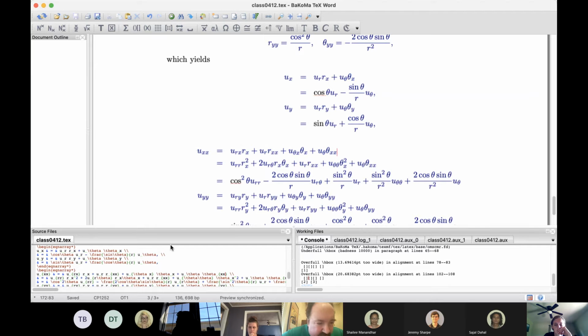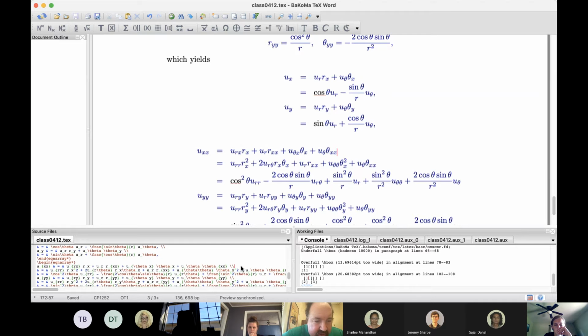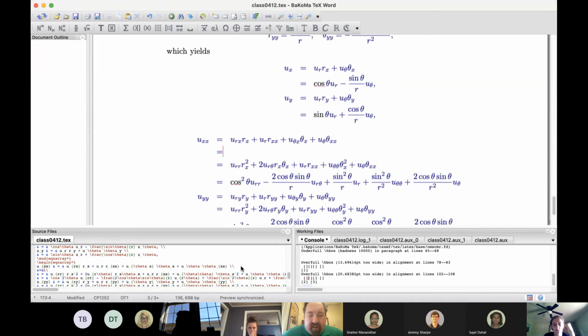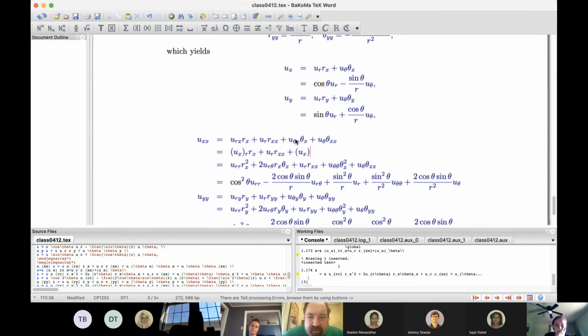Now, what I can do from here, it's a little messy, is urx, I can think of that as ux with respect to r. Similarly, I can think of this as ux with respect to theta.